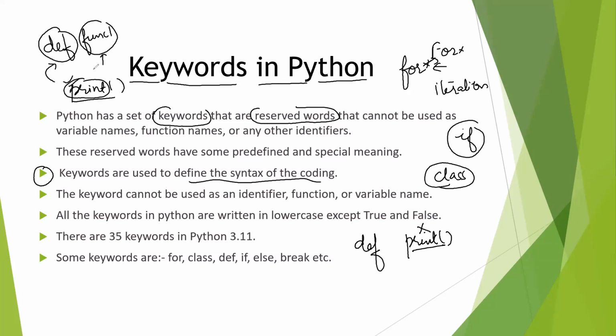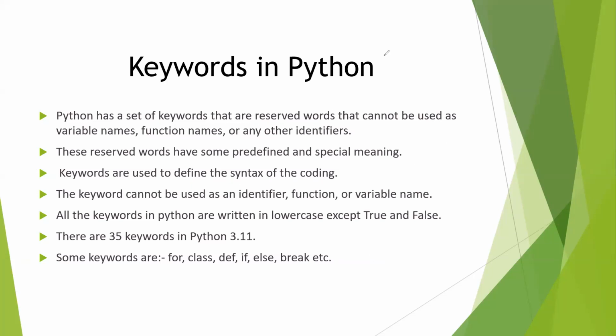I cannot use print to define my own function or as a variable name. Whatever is predefined is a built-in function. We are not calling this a keyword. Print is a built-in function, right?